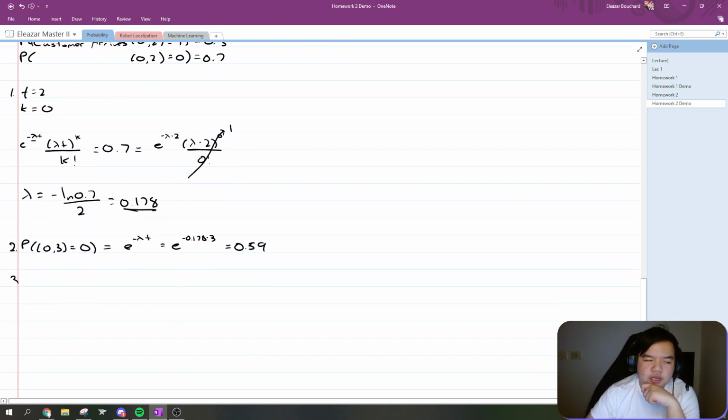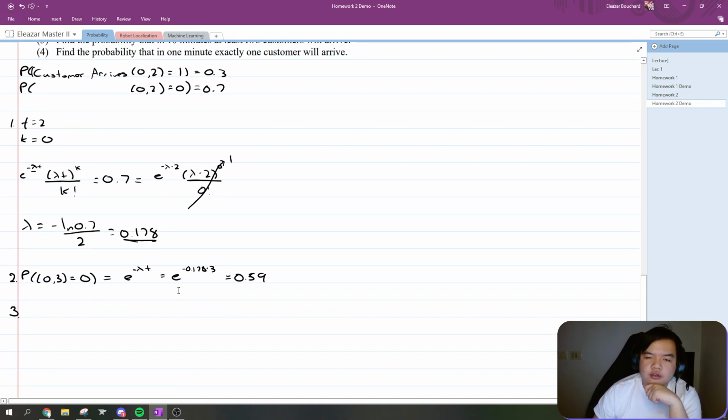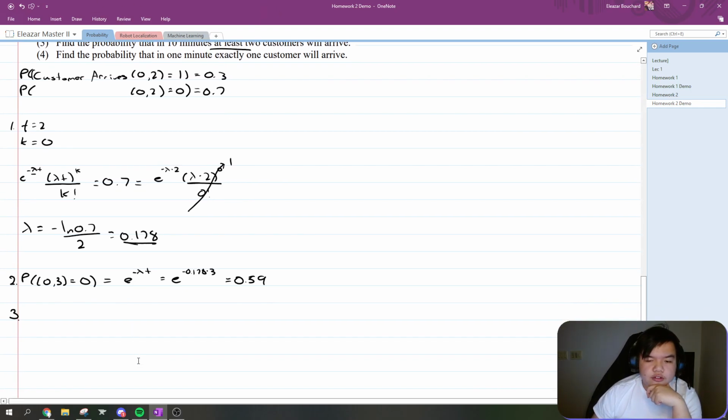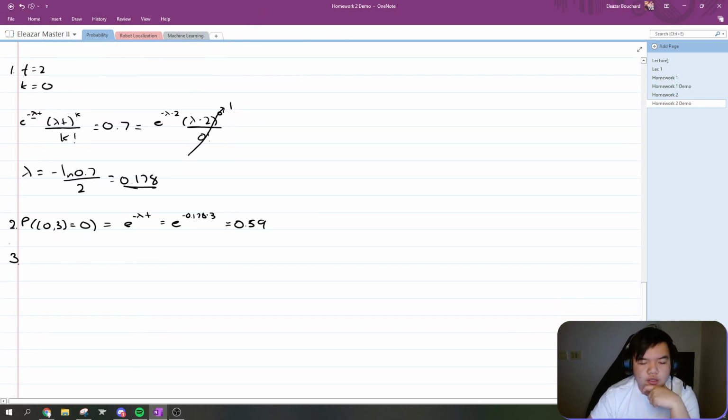Next, we have: find the probability in 10 minutes that at least 2 customers will arrive. So we're getting to the at-least kind of problem, which makes this a bit more complicated. This is what it will look like: probability from 0 to 10 is greater than or equal to 2.